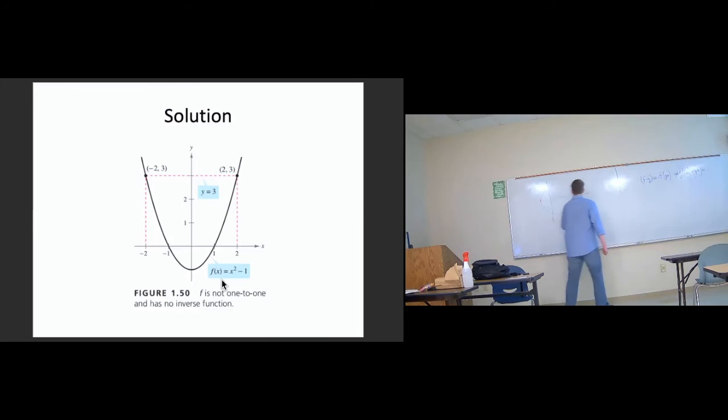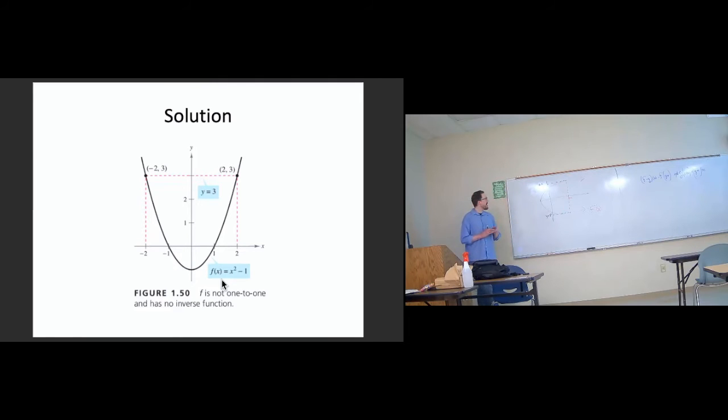It's going to look like this. This is f inverse of x. This is x equal to 3. This is y equal to 2. And this is y equal to -2. So we don't have an inverse function for this.